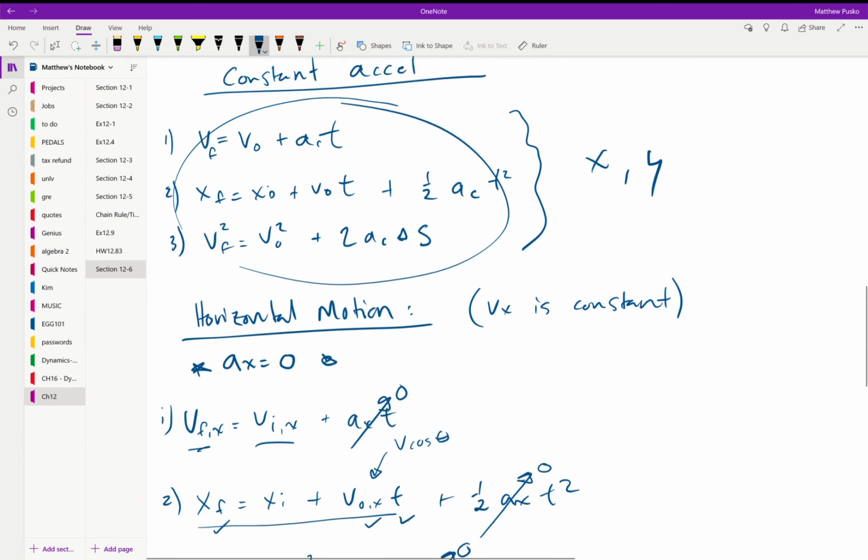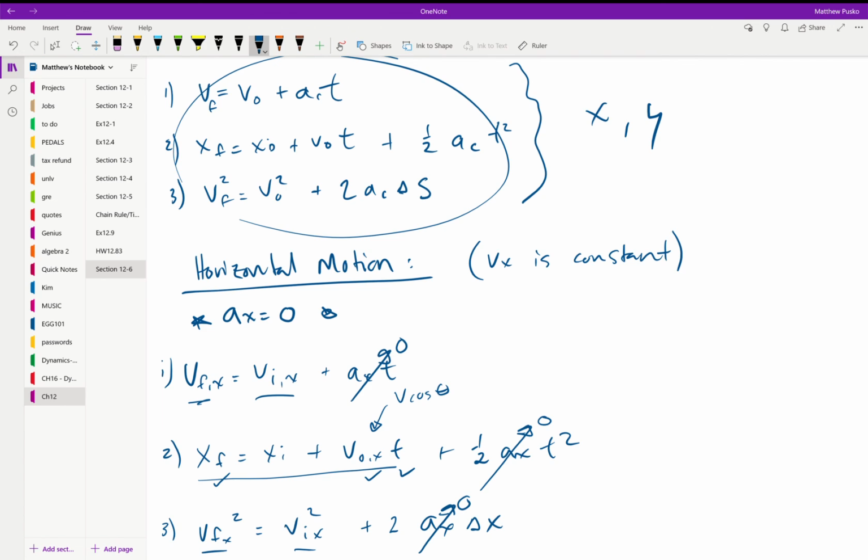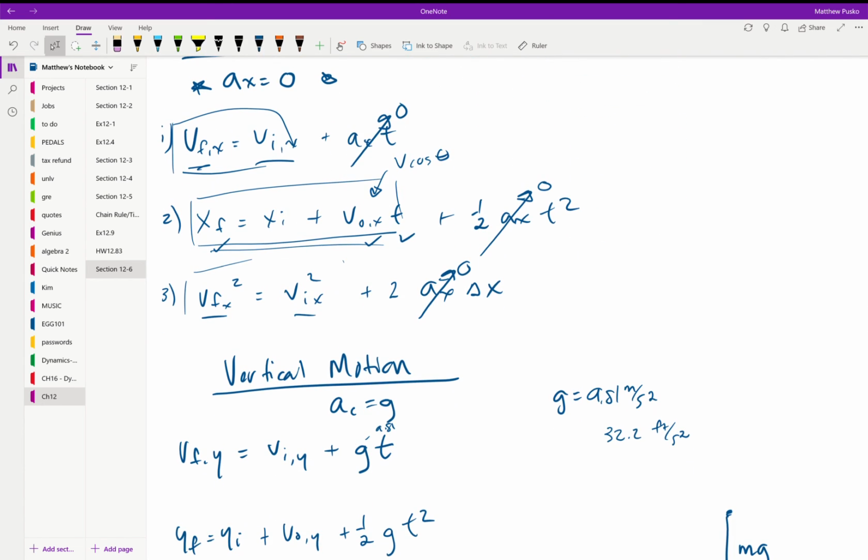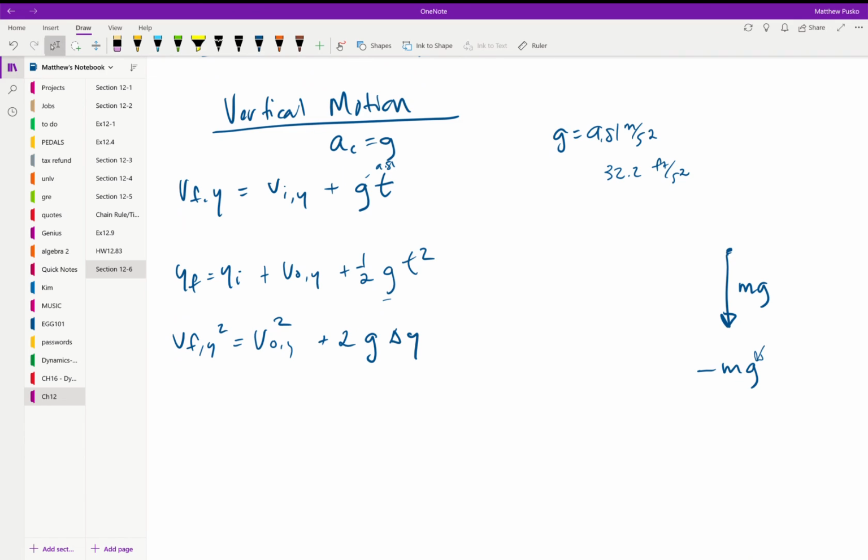And I don't think it's worth memorizing this equation and this equation and this. Memorize 3 equations and cross out the stuff you don't need. So if there's no acceleration in the x direction, just cross it out. If you're looking at the y direction and we're dealing with gravity, then don't cross out the gravity term.